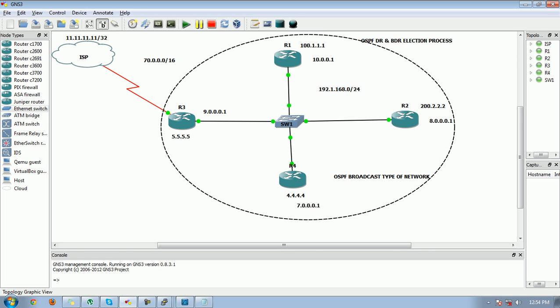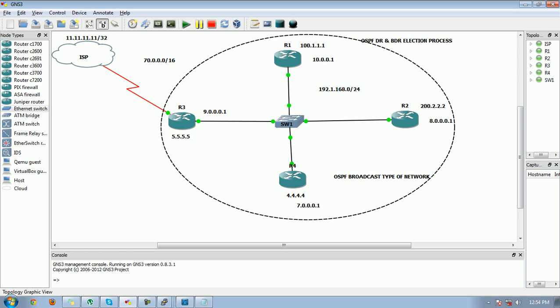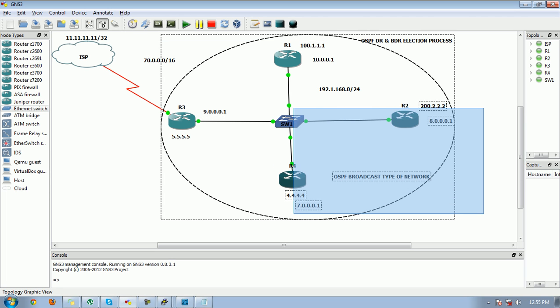So this is how router ID takes more preference. Even if you don't want to select DR and BDR based on router IDs, you want to solely select a DR and solely select a BDR, you can do that. If you don't want that election to happen again, for example, if you want R4 to be DR and R2 to be BDR, and you don't want these devices to be DR or BDR even if they go down, what do you do?